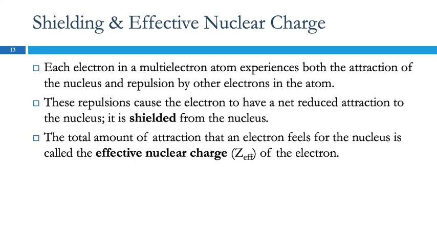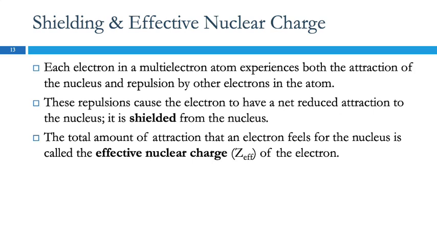They're attracted to that. So we've got these 2 competing effects here. So the repulsions will cause the electron to have a reduced attraction to the nucleus. We say it's shielded from the nucleus. It can't see all the wonderfulness of the nucleus anymore, so it's not as attracted to it. Part of its charge is shielded.